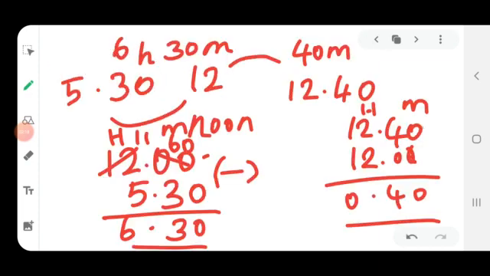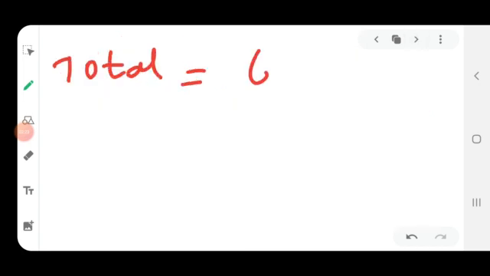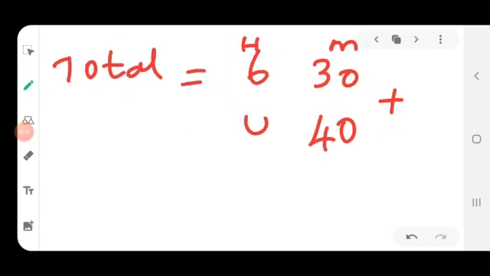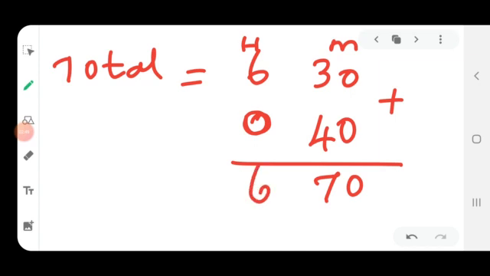Now we are going to calculate the total duration. What is our total duration? 6 hours 30 minutes plus 40 minutes. For the second one, you can put 0 hours or else write 40 minutes alone, whatever your wish. Now we add minutes alone: 30 plus 40, 70. Hours 0 plus 6, 6.